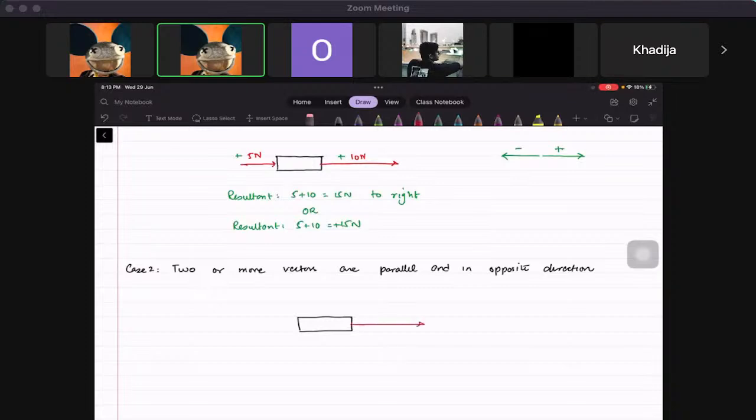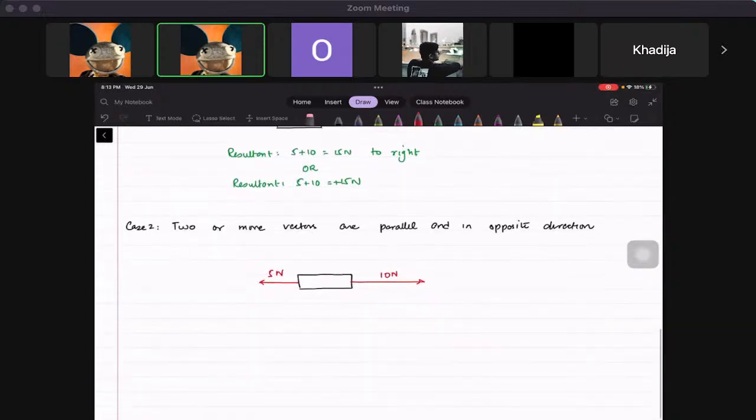You have 10 newtons here and 5 newtons on the other side like this, parallel but opposite. So one way of doing this is that the resultant is equal to 10 minus 5, which means 5 Newton, because 10 was bigger, so we can write that it is 5 newtons towards right.